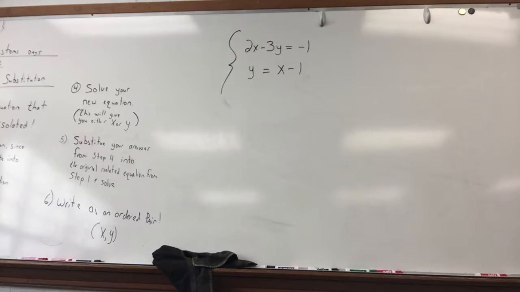Once you've substituted, raise your hand, come over, I'll gladly check it. If you're having trouble, try your best. Talk it over with the people that you're sitting with. But use your notes, use those steps.